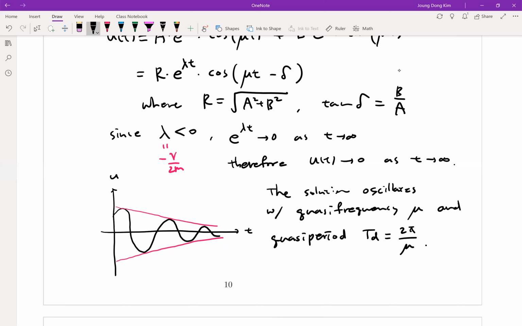This is what I expect. This is the motion.